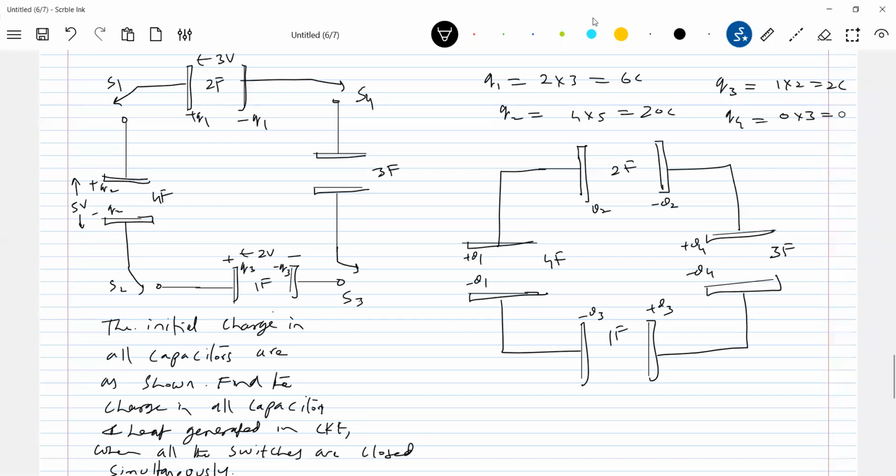But sir, you didn't bother about polarities. If I get negative, I'll change the direction, I change the sign of that given plate. Let me assume there's a positive plate. If I get Q2 negative, I'll change the polarity of that.